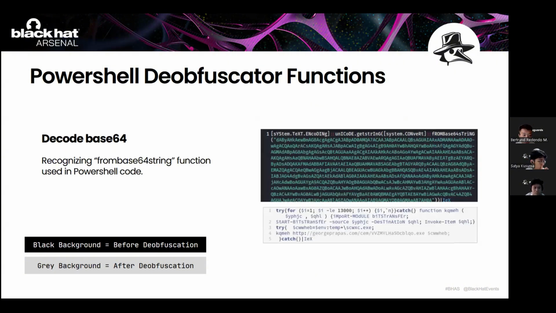The second pattern is recognizing the FromBase64String function used inside the obfuscated PowerShell code. As we can see on the right side, there is a FromBase64String detected inside the line of code, with the base64 encoded string inside the brackets that we want to decode.